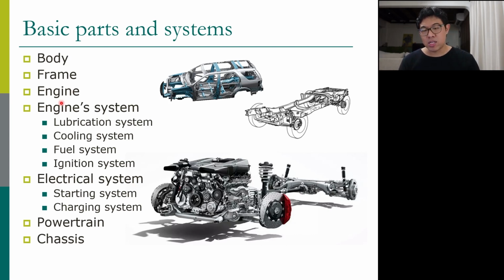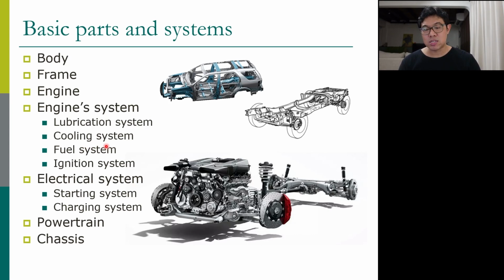Therefore, the engine also has to work with engine supporting systems. We have a lubrication system because a lot of components move inside the engine. There is a cooling system because when we burn fuel, most of the energy goes into heat and part of the energy goes into power, so we need to remove that heat from the engine.